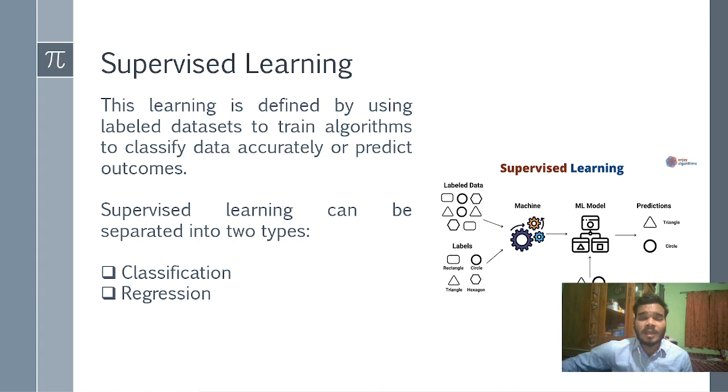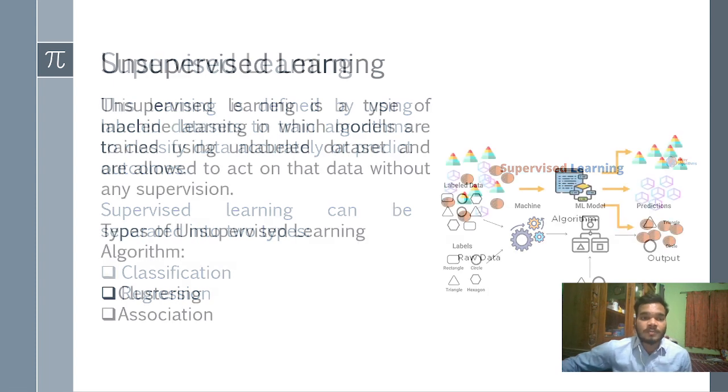In regression, for example, consider the salary of an employee. If the employee works more hours, he or she will get more salary. So this is the regression process.